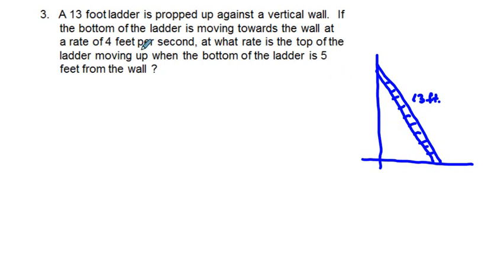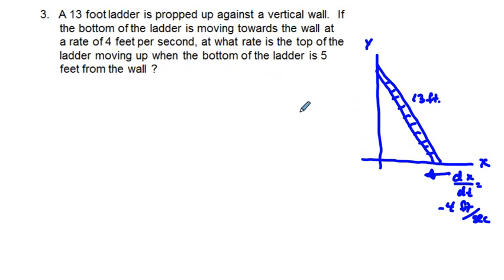If the bottom of the ladder is moving toward the wall at a rate of 4 feet per second, so if we let this be like an XY coordinate plane, we have a ladder that's moving toward the wall at a rate of, we'll call this dx dt, and that's going to be equal to, we'll say, negative 4 feet per second.